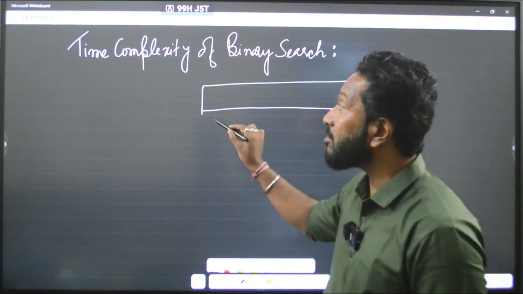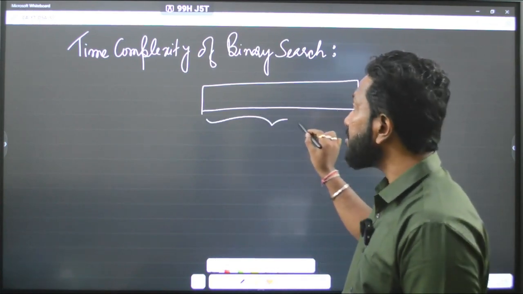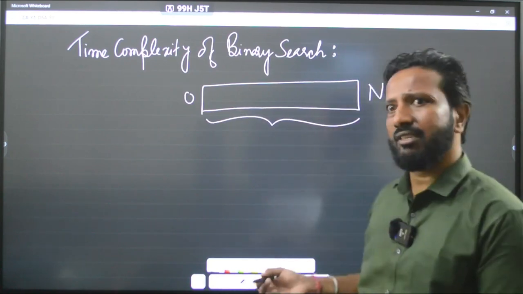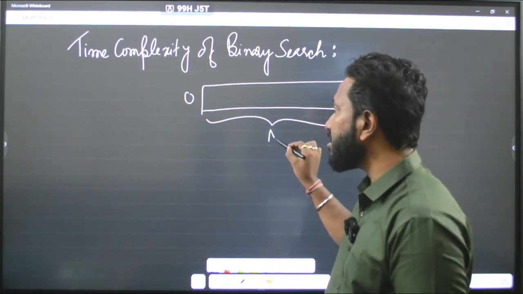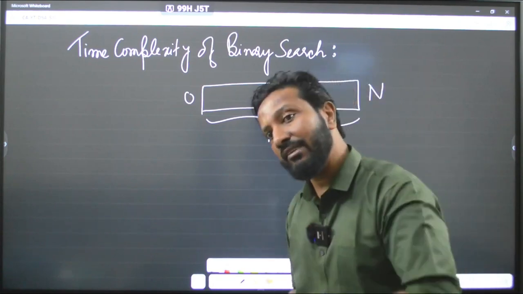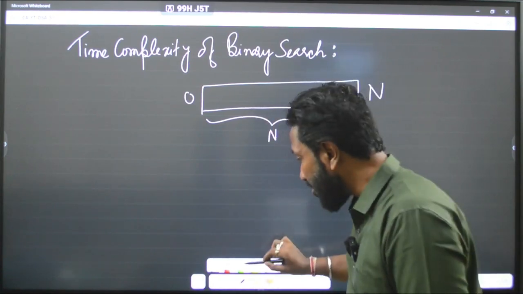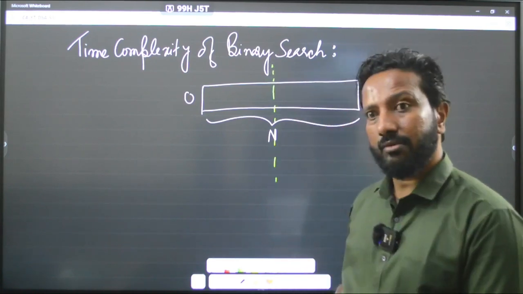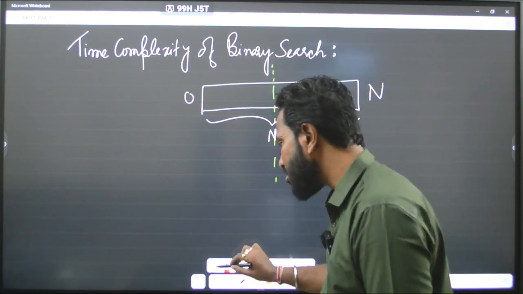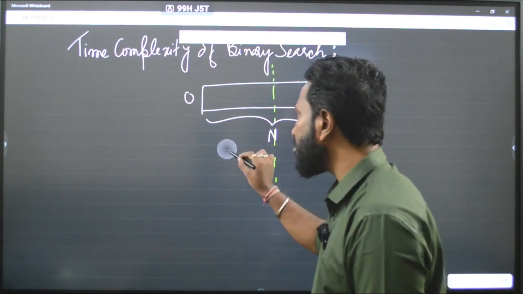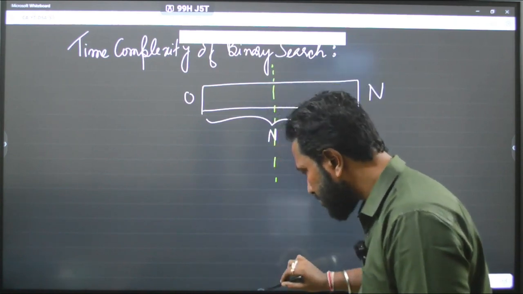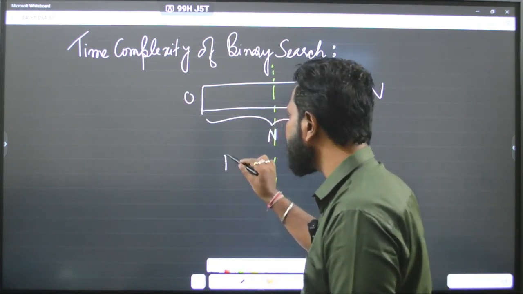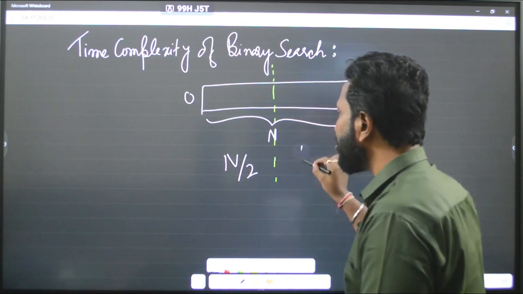What is the size of this array in the beginning? 0 to some n values, n elements are there, right? The size is actually n. But as soon as you find the mid, the array is broken down, right? The array gets broken down into 2 halves, maybe equal halves or maybe not, doesn't matter. Say suppose I am saying it is broken down into n by 2 and n by 2.